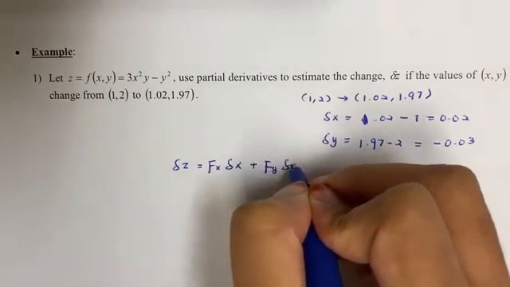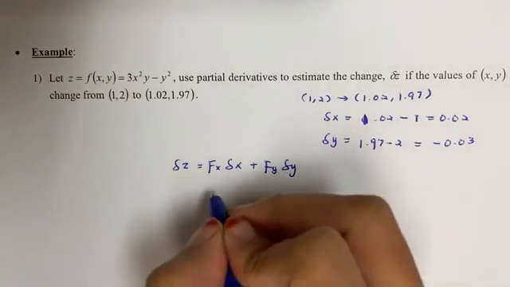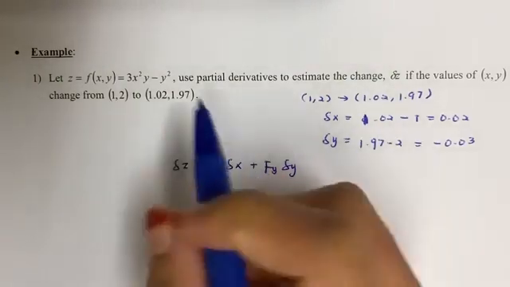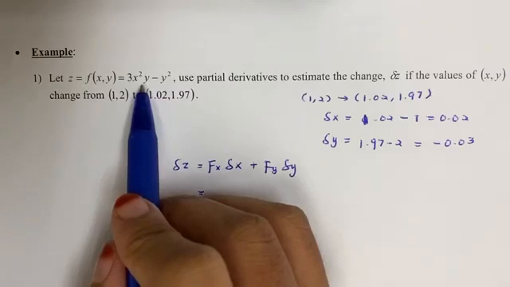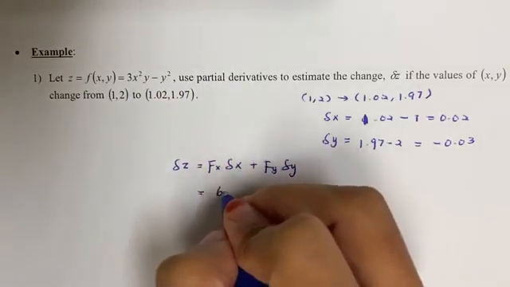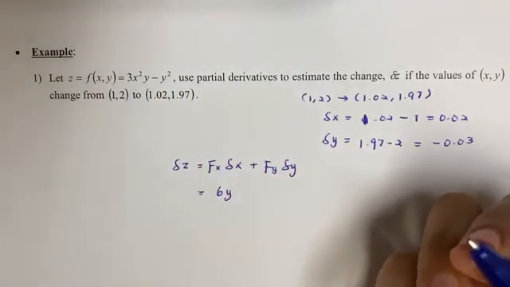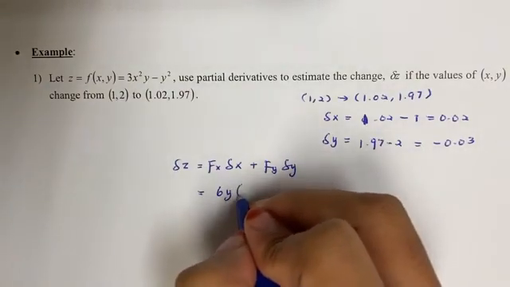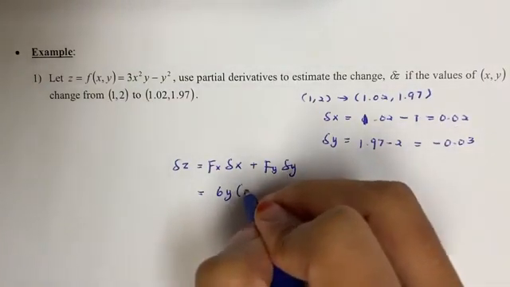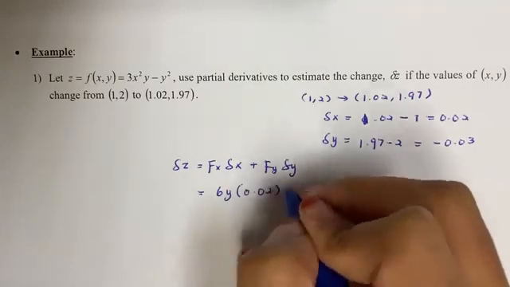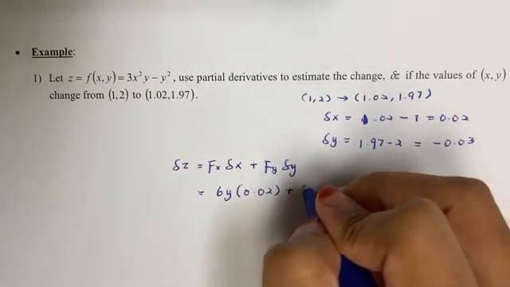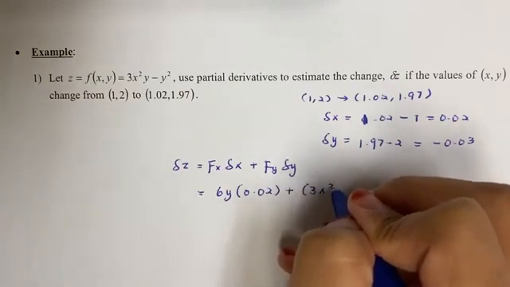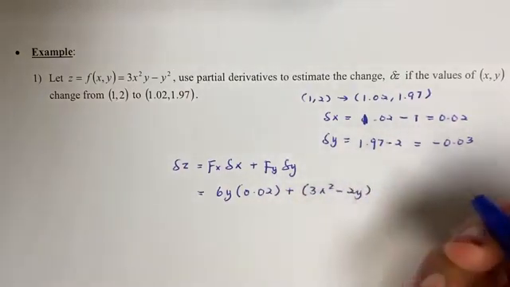Okay, so delta z equal to, find the fx from here. So fx here is 6xy. Then delta x is 0.02, plus fy. Fy here is 3x squared minus 2y, right?